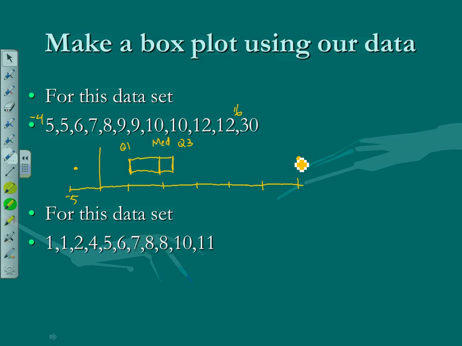Your whiskers will extend to the furthest non-outlier point above and below. Here, our biggest value is 16, so I would have a whisker going to 16 because it's my largest value that is not an outlier. And then I would go down to 5.